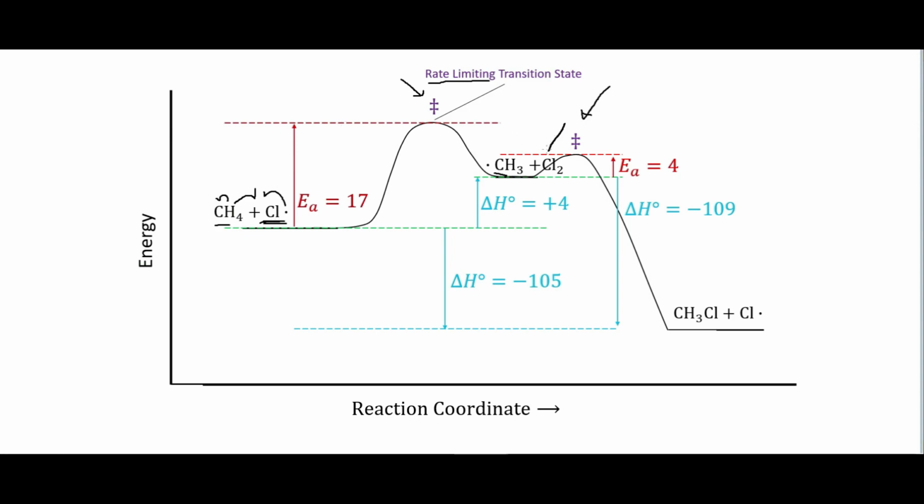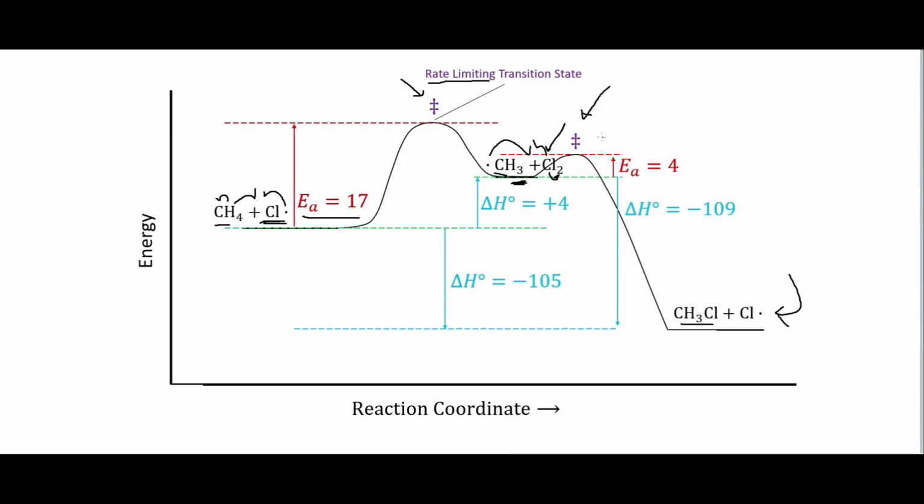So we then bring in our Cl2, and so we have the homolytic cleavage, or the bringing together of that electron, one from the Cl there, the other one going onto that Cl. Then we have our products right here, the chlorinated methane. The activation energy for this first step is 17. We get up here, we go down to this right here.